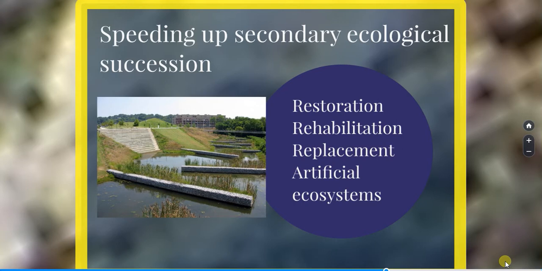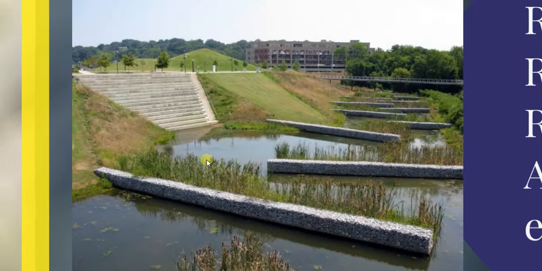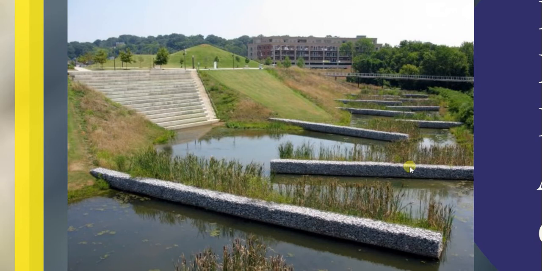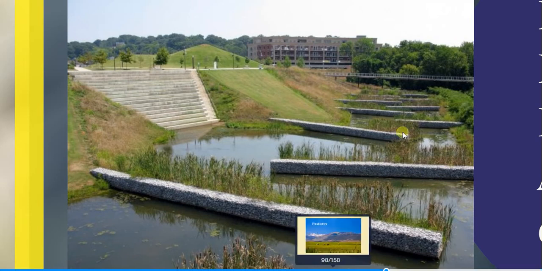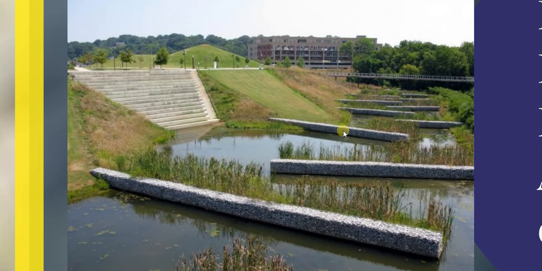And then artificial ecosystems. An example of an artificial ecosystem would be this right here. In this area, they have put up cement barriers, and basically they have a river that's traveling in a very straight path. But what they've done is they caused the river to slow down considerably because it has to move side to side, going back and forth and back and forth.